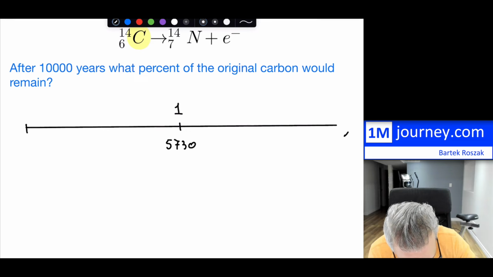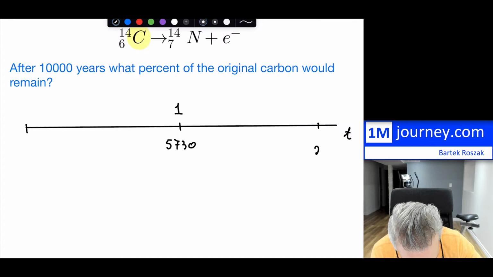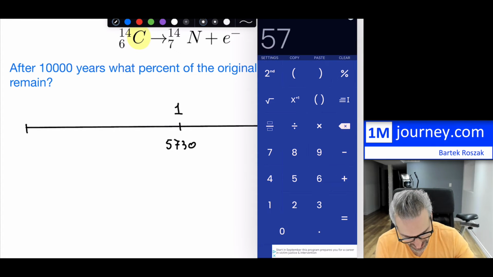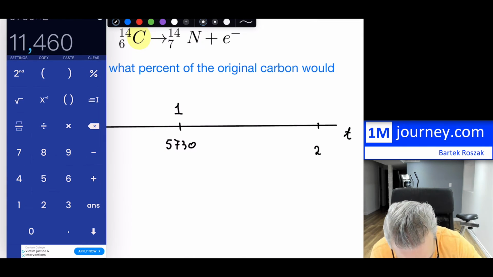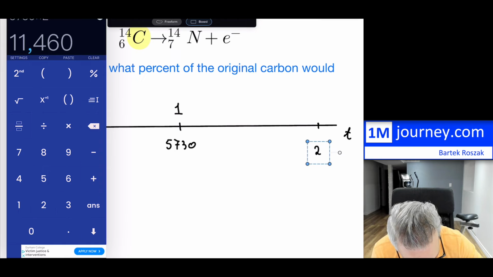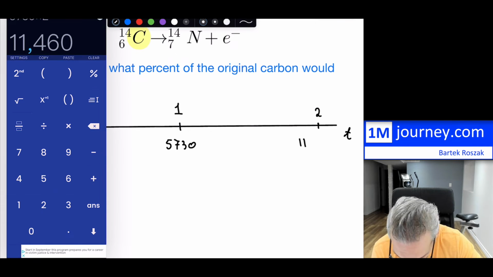So this is all time in years. 2 half-lives would have been twice as much, so 5,730 times 2, which would have been 11,460 years.